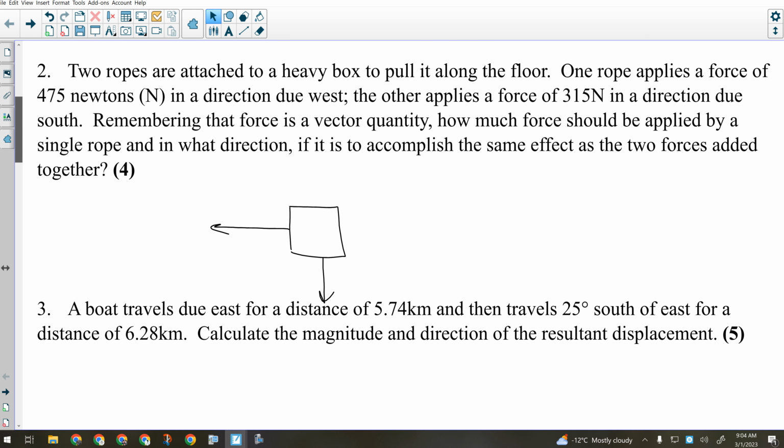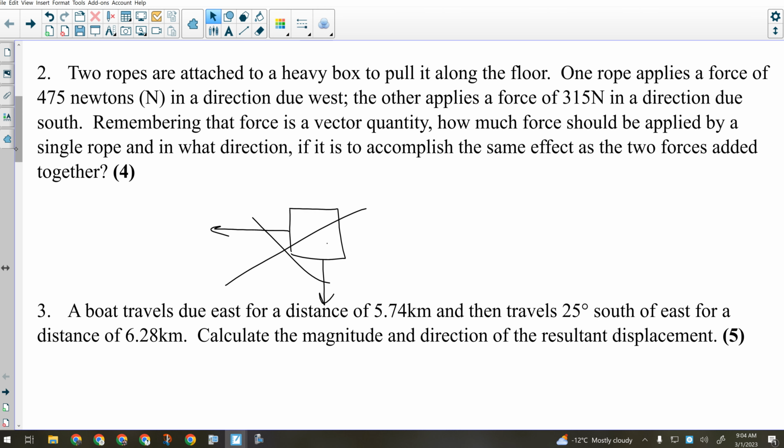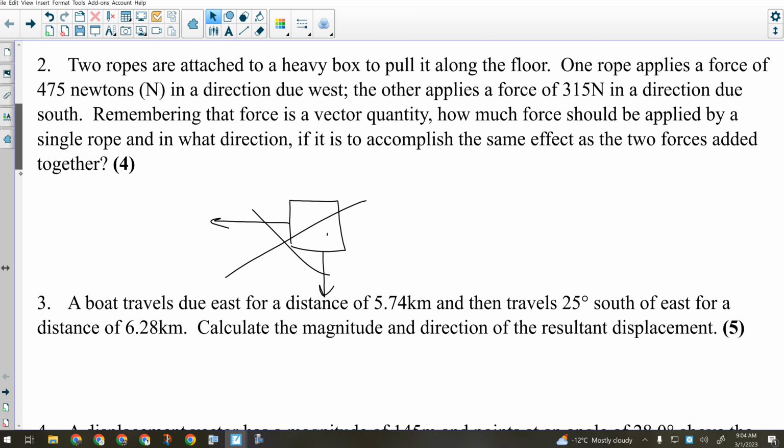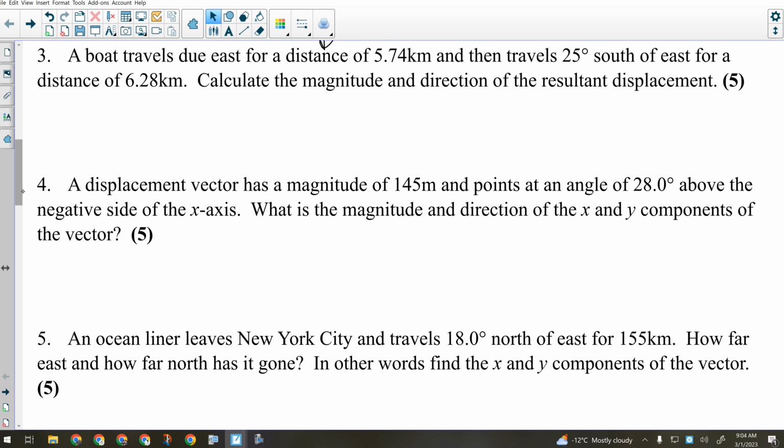Don't draw it like this. That's what it would look like if you were watching it happen, but its movement doesn't actually get calculated using this. How do we draw vectors? Tail to head. Think about that. That's tail to tail. That's why we don't want to do it that way.